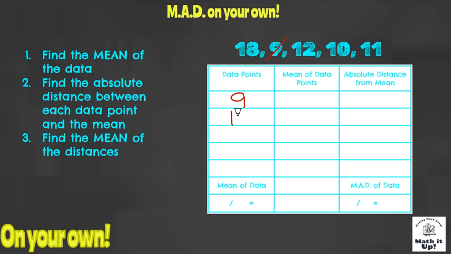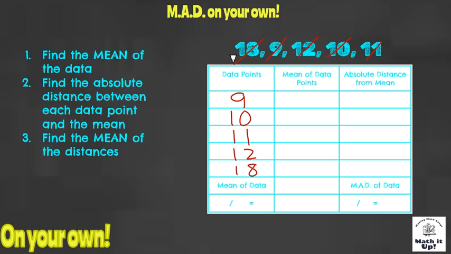I have a 9, I have a 10, I have an 11, I have a 12, and I have an 18. Again, I can determine the range of this data. The upper extreme is 18, the lower extreme is 9, the difference between is 9, giving me the range. I can see that there is no mode here, but the median is an 11.